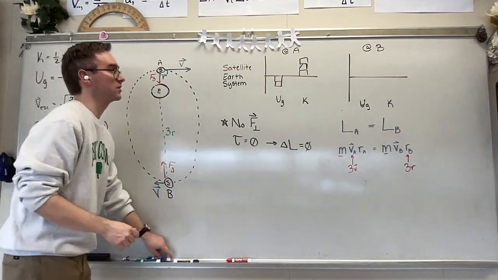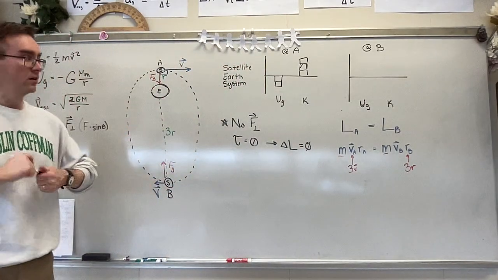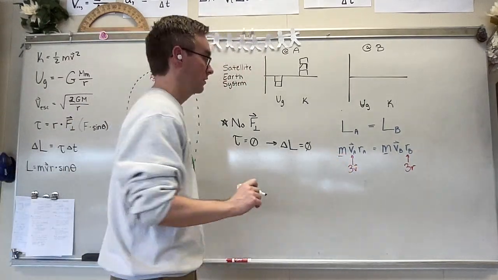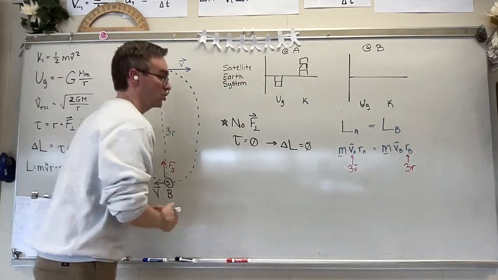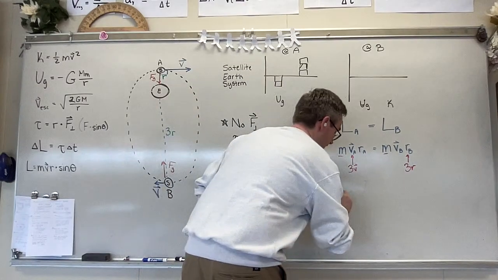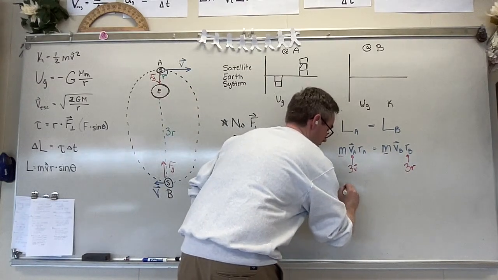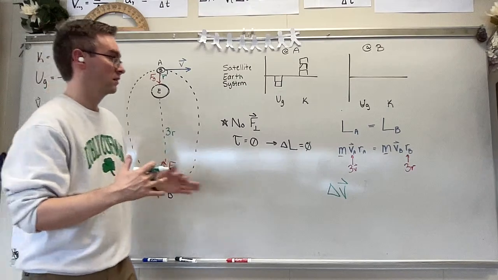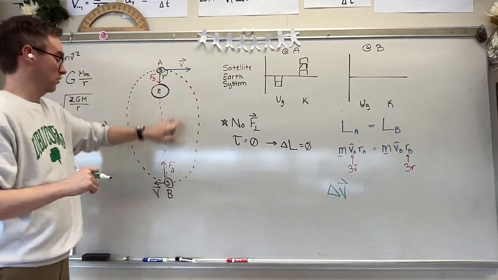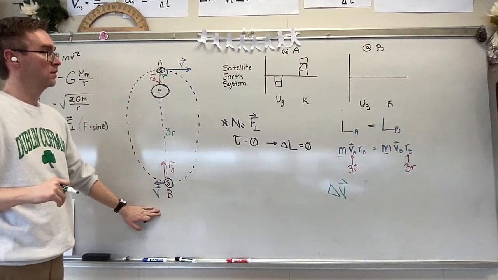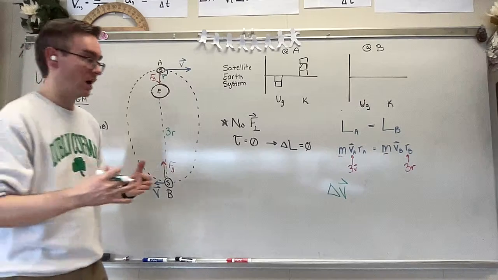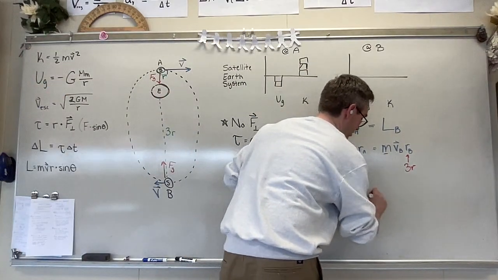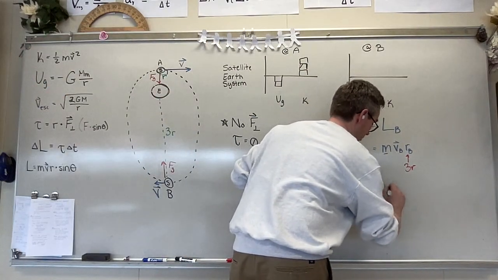So what does that look like in terms of our change in our energy? Well, let's do it in green here, we have a change in velocity, right? It was going faster, now it's going slower. If we have a change in velocity, then that means we have a change in kinetic energy.